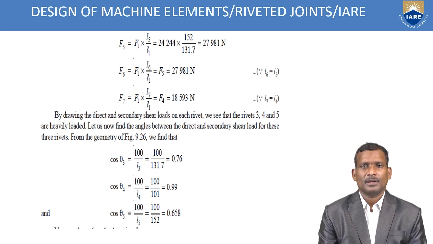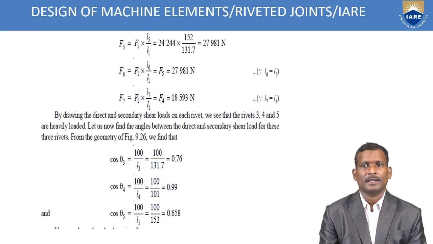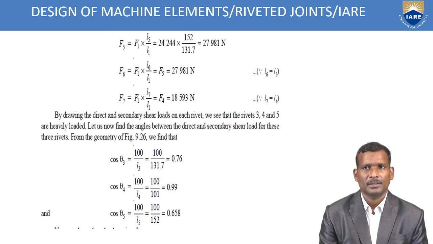After calculation of all these forces, by drawing the direct and secondary shear loads on each rivet, we identify the heavily loaded ones. Here in this diagram, rivets 3, 4, 5 are heavily loaded. Why? Because of the angles between the direct and secondary shear loads.